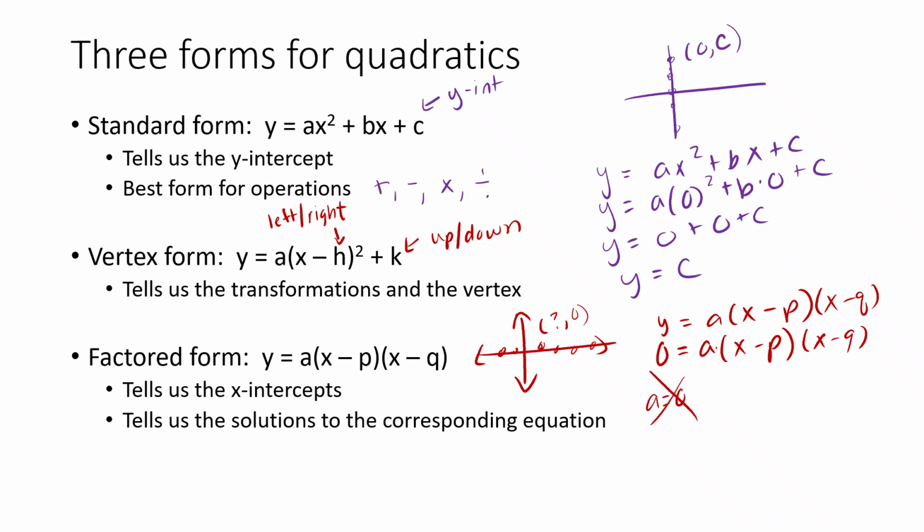If a is equal to 0, then you don't have a quadratic. Or x minus p is equal to 0, or x minus q is equal to 0, and then you could add p to both sides and add q to both sides. And so we can see that our x-intercepts would be p, 0 and q, 0. So the p and the q would be the x-intercepts. And then again, if you were trying to solve the equation, this would be the form that would get you to those solutions. So each of these three forms has things that it does for us, things that it's good for.